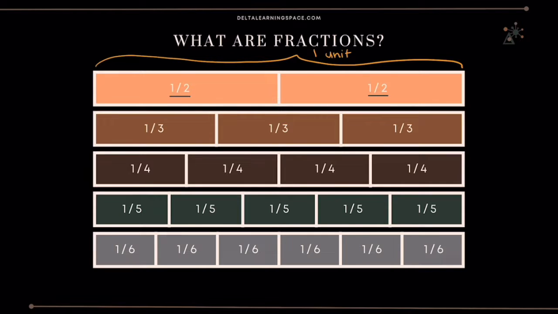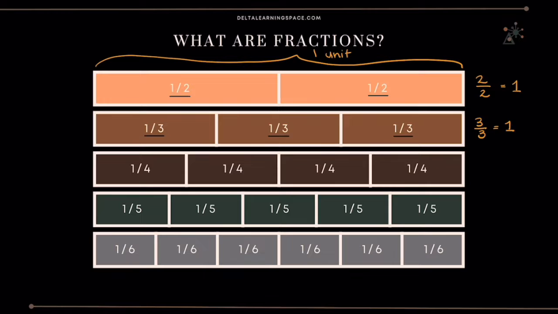And if I were to add those 2 halves together, I would have 2 out of 2, making 1 whole unit. My light brown is cut into 3 equal pieces as a third, another third, and our final third, equaling 3 out of 3, or 1 whole unit.